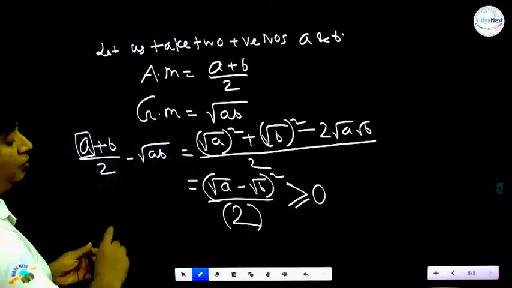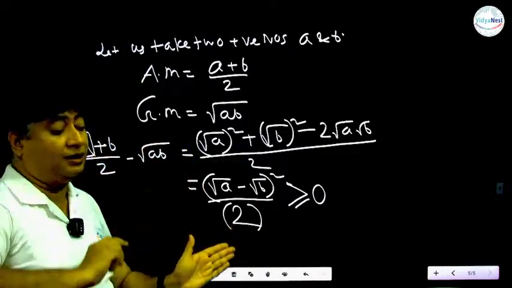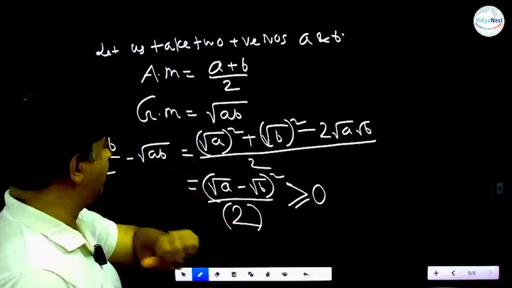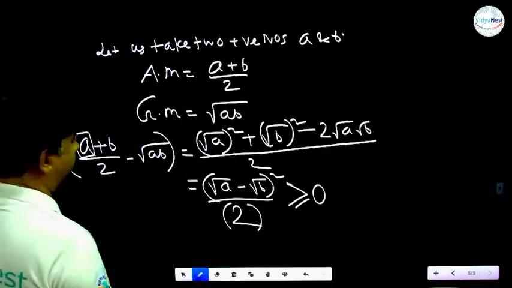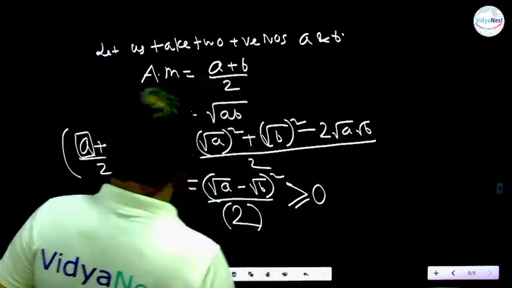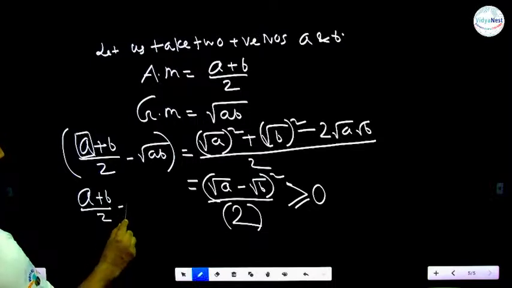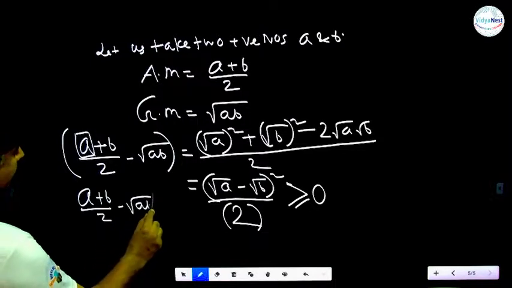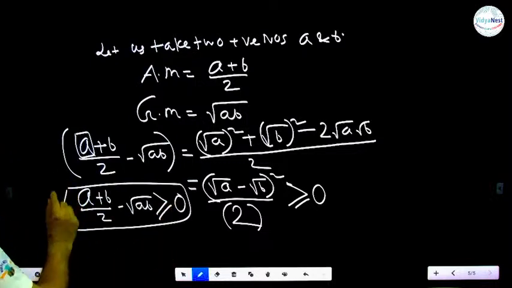So in one case I can take equality 0, or in the other case it will be greater than or equal to 0. So what we have got? Therefore, A plus B by 2 minus root AB is greater than or equal to 0. This result I have got.